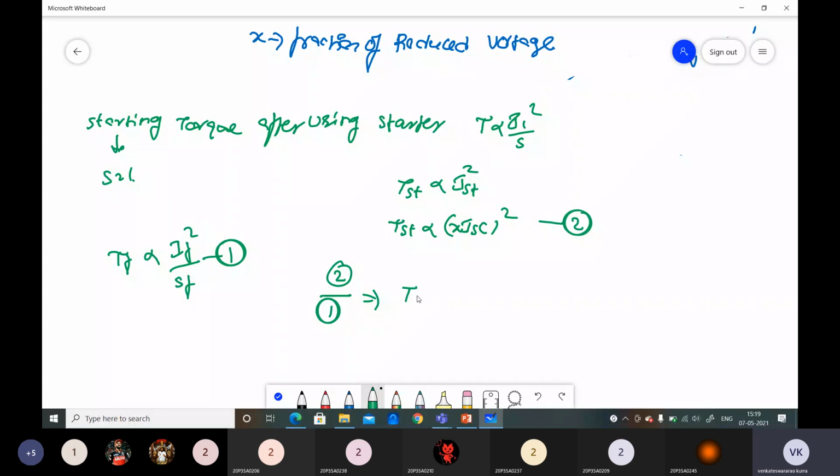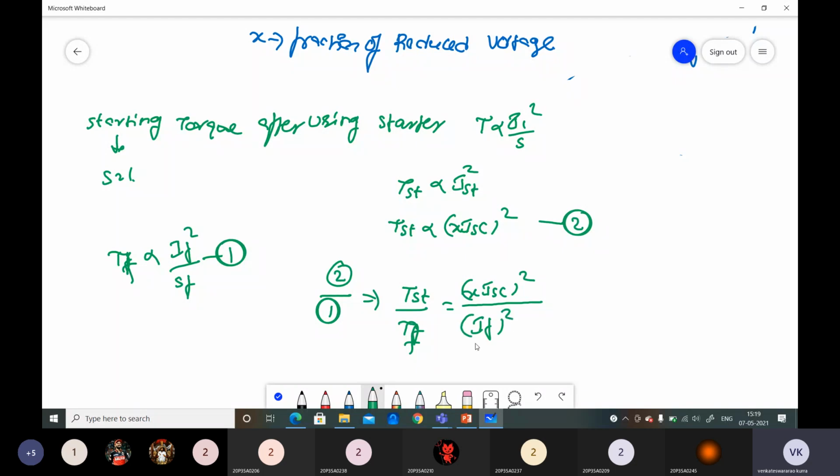Then we get starting torque by full load torque equal to X ISC whole square by the expression for full load torque, IF whole square by SF.